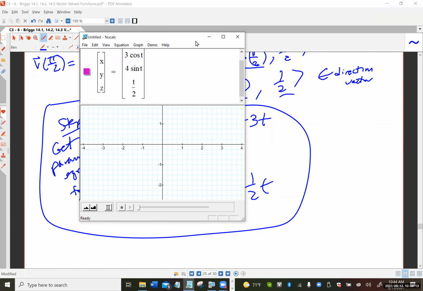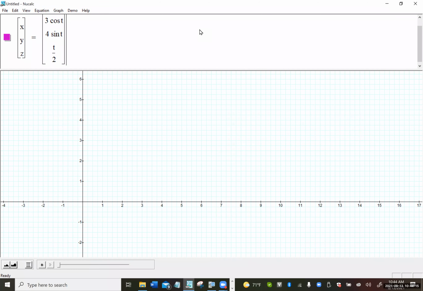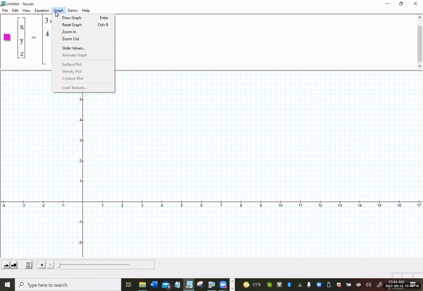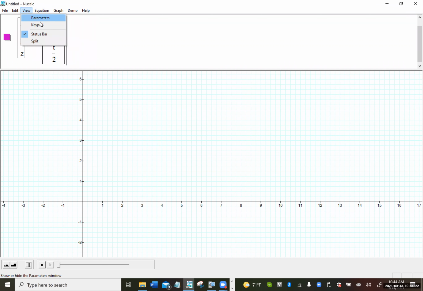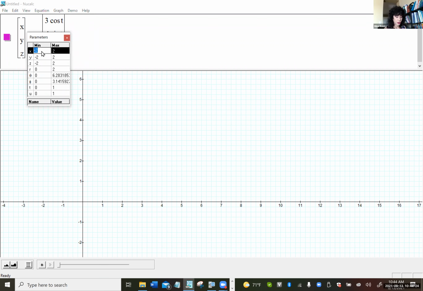Okay, hang on a minute. Let me just see if I can. Oh, here we go. I just want to change my parameters. See if I can get the whole thing. Sometimes this is a little bit grouchy when I'm trying to get everything, but it's kind of fun if it works.